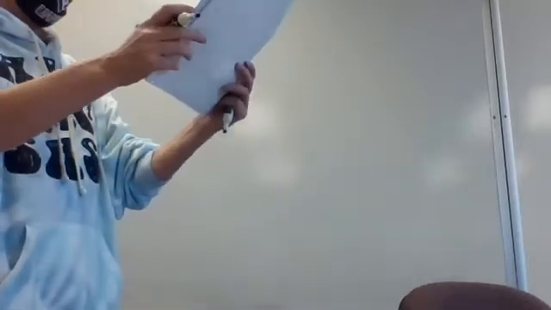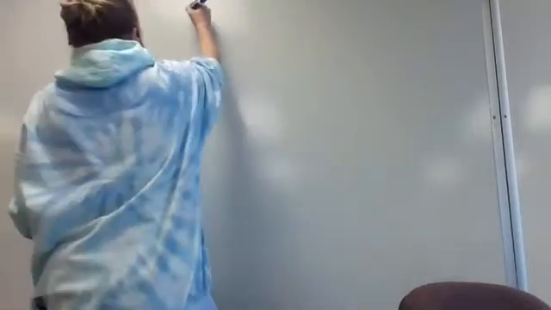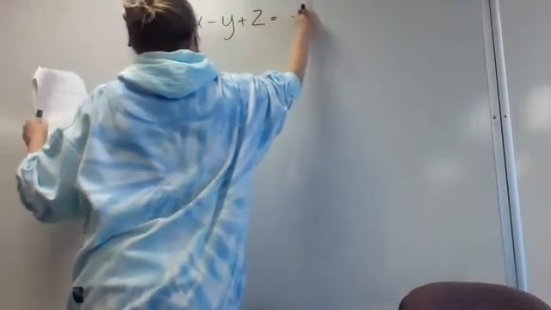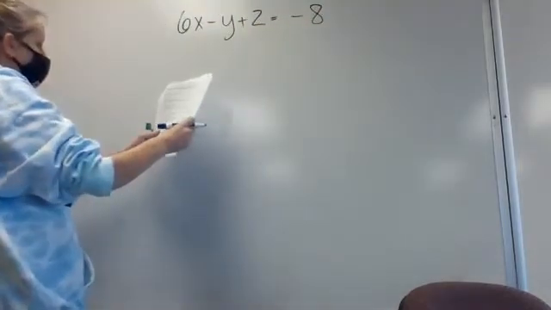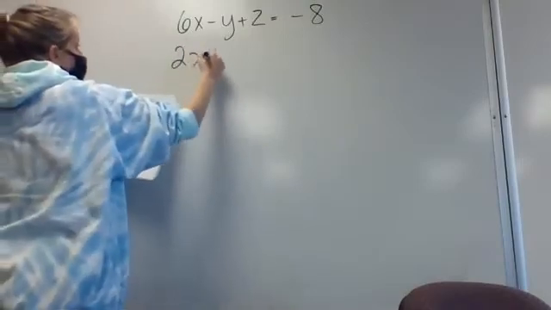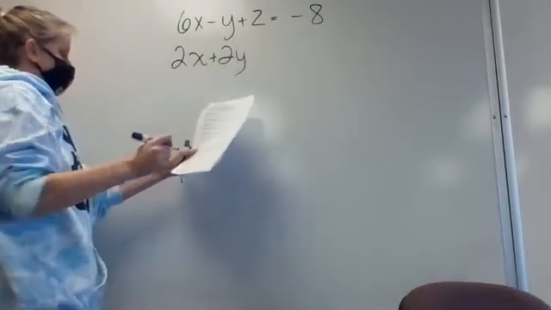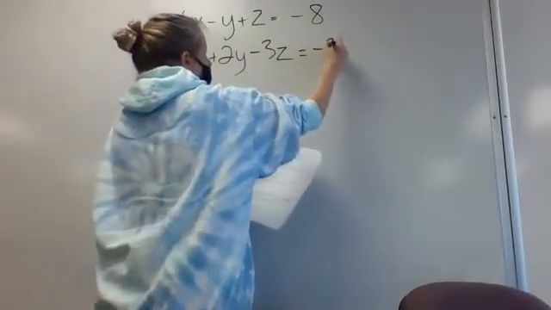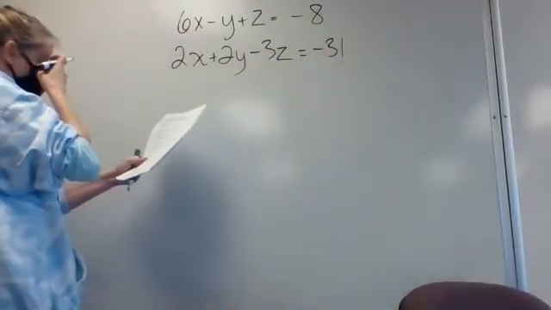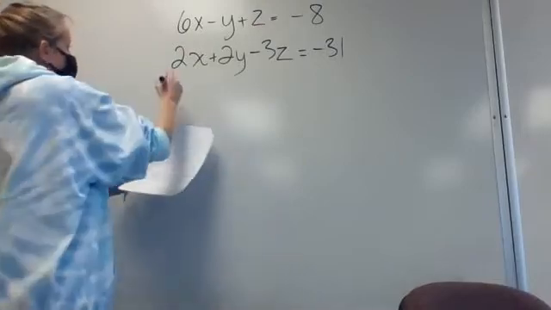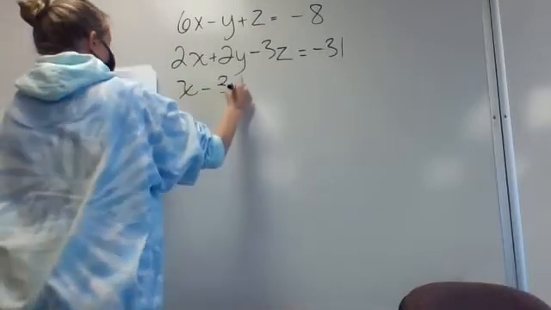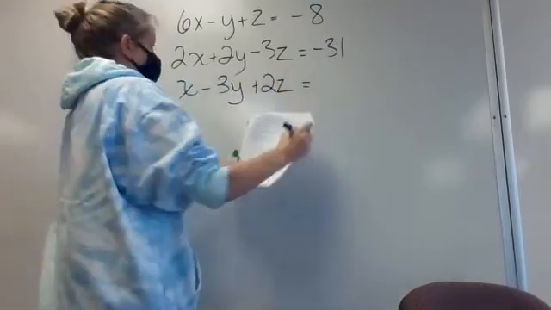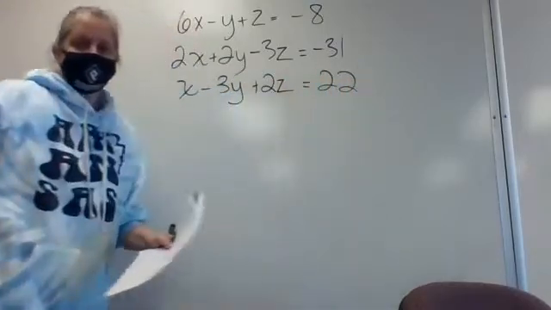So 6x minus y plus z equals negative 8. 2x plus 2y minus 3z equals negative 31. And x minus 3y plus 2z equals 22.